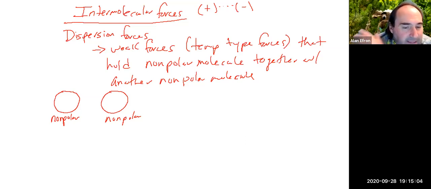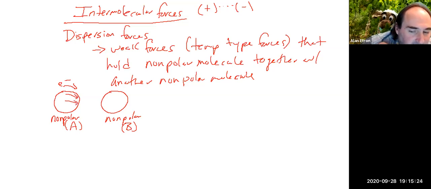But what can happen in a dispersion force is that because the electrons are flying around, it is possible that all the electrons in nonpolar molecule A will decide to go vacation on the right-hand side of the molecule, just for whatever reason. They all decide to go to the right-hand side. In nonpolar molecule A, which normally does not have a charge, it will temporarily gain a charge.